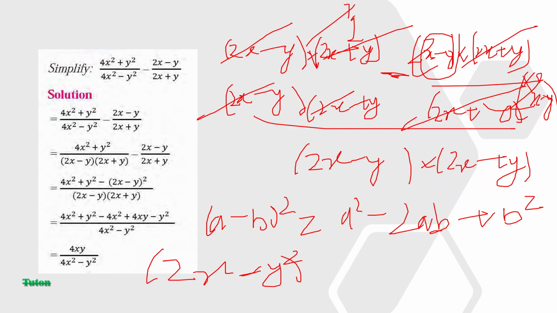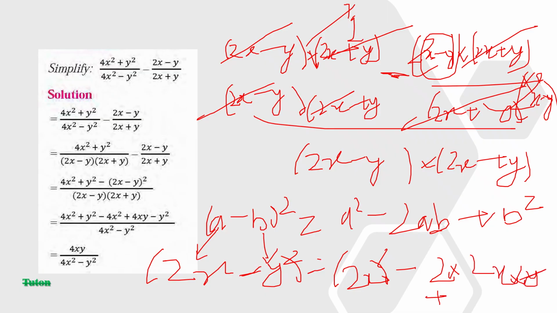Here a would be 2x and b would be y. So it is (2x) squared minus 2 into 2x into y plus y squared, which is b squared. Here (2x) squared would be 4x squared, and after opening the bracket, the negative sign makes the terms inside flip: positive becomes negative and negative becomes positive.